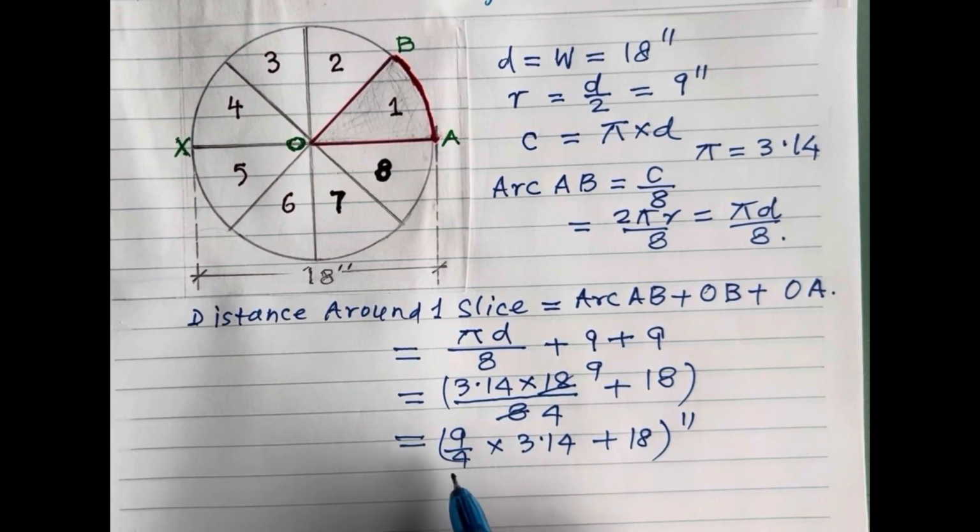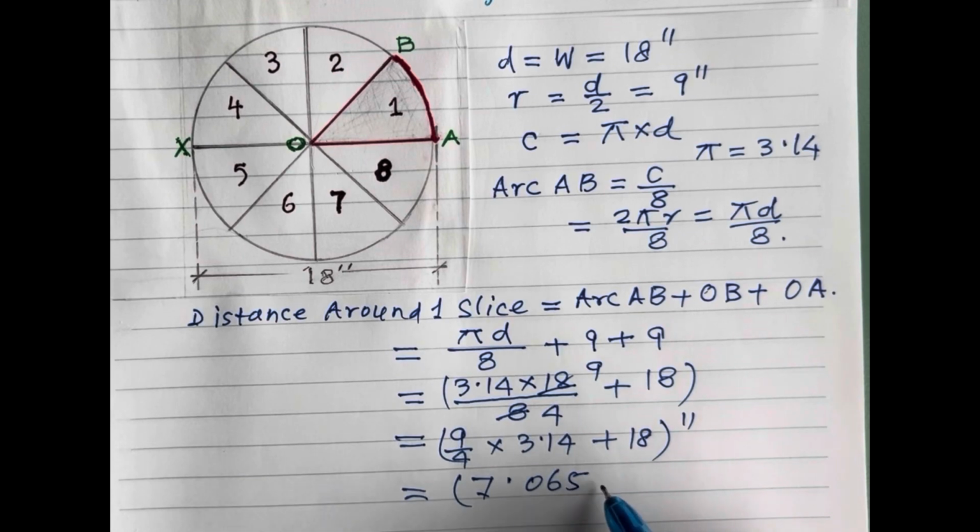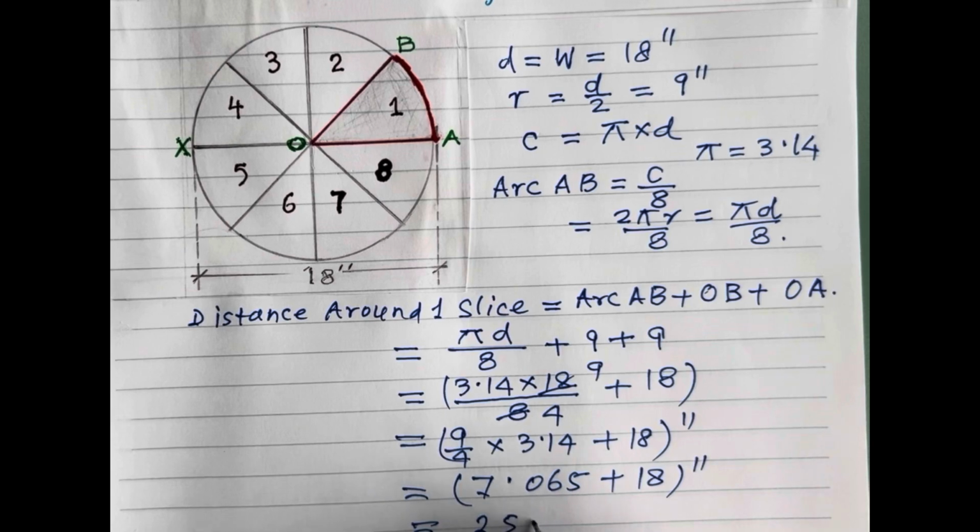Alright, so if you use your calculator, 9 over 4 multiplied by 3.14, you will get 7.065, and plus 18 inches is already there. So this total becomes 25.065 inches, right?